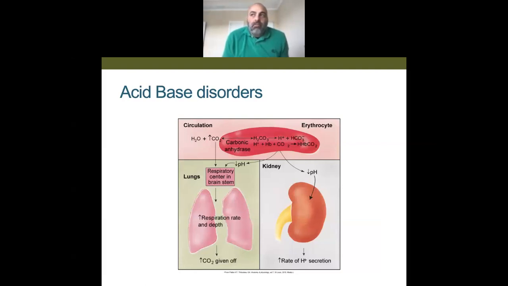In AP2, we only really cover the lung side of it, and we talk about converting this equation so we can get rid of carbon dioxide, and we also breathe out hydrogen ion. Well, also in the kidney, we have to release hydrogen ion as a protection, as well as just a way to get rid of hydrogen ion. We use it as protection against bacteria, so it helps kill bacteria.